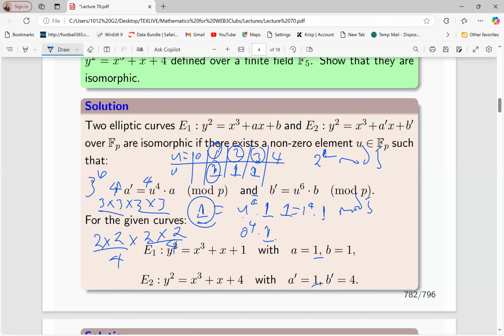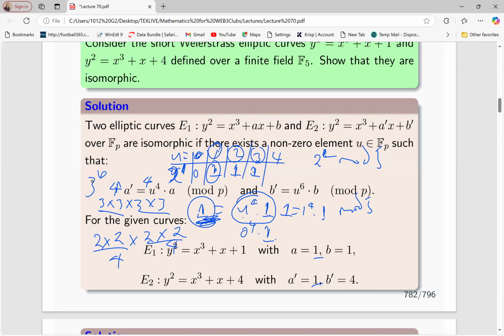So we're taking u raised to 4, then times 1. If u is 0, 0 raised to 4 times 1 gives us 0, so it does not agree with what we want. This is supposed to be A prime. When u is 1, we get A prime to be 1.